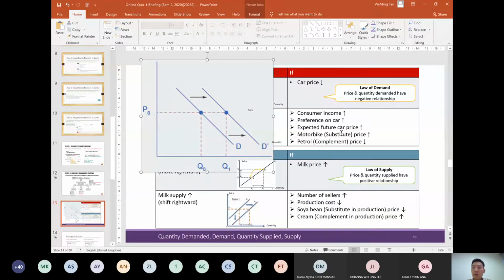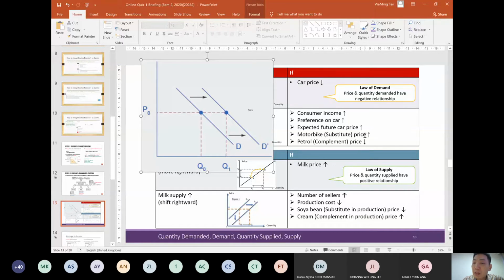For car, what are the substitute for car? Substitute for car can be motorbike, public transport, bicycle, all the transportation mode can be considered as substitute. So assume that now the motorbike price increasing. So that means the motorbike is relatively more expensive compared to before.